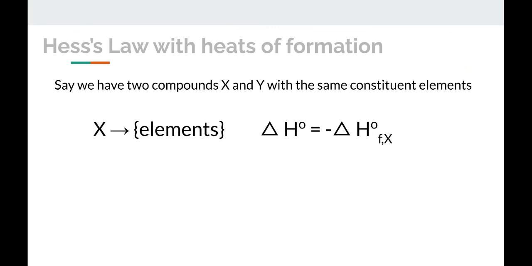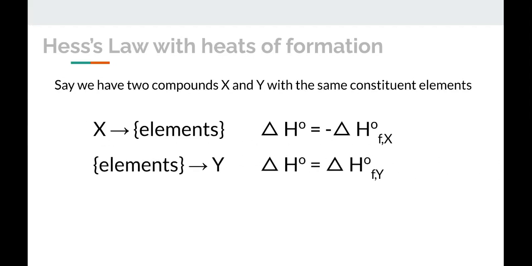So we could take compound X and divide it into its elements in their most stable standard states, and the delta H for that reaction would be the opposite of the heat of formation, because decomposing a mole of X into its component elements would be the literal opposite of forming it from them.